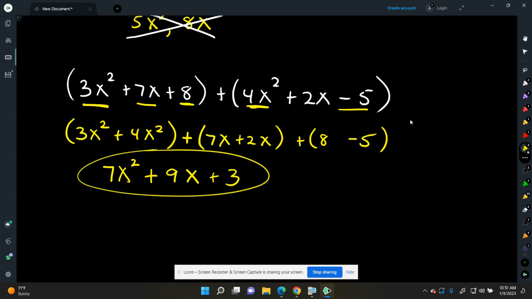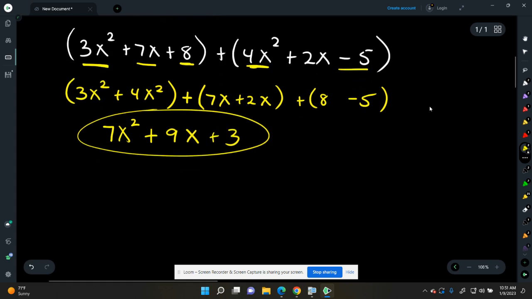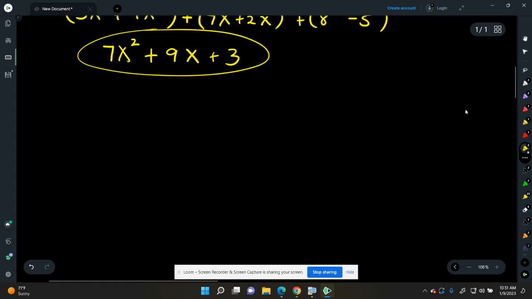No, because they're not like terms. Because the exponent's not the same. Very good. Good question. Good job. Okay, let's do another example.